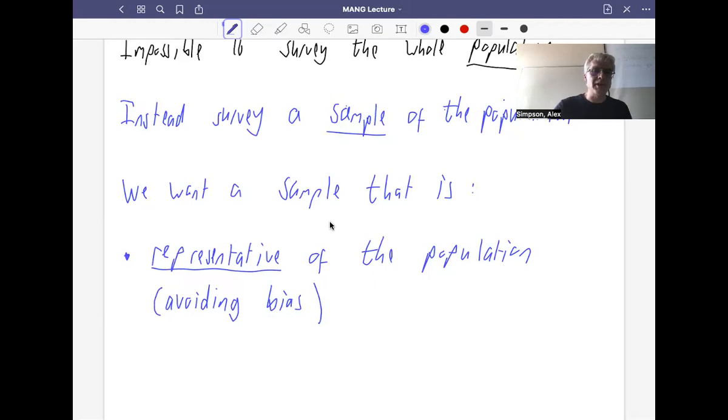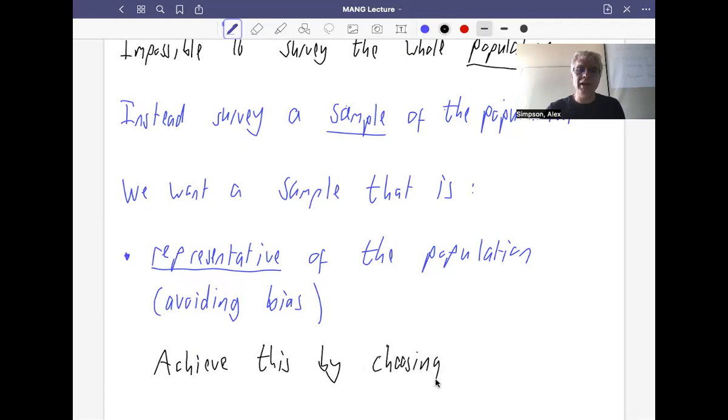So we want it to be representative of the population, and the best way of achieving this is by choosing the sample randomly.